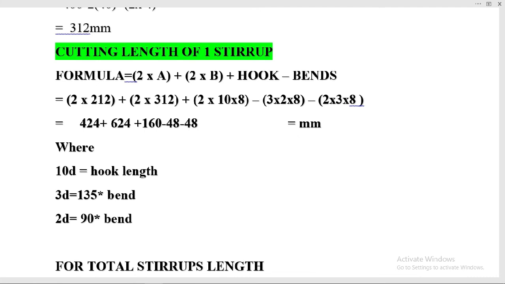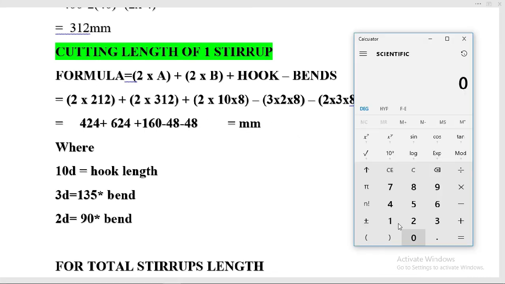So finally let me calculate it on the calculator now. 424 plus 624 plus 160, minus 48, minus 48, that's 96.